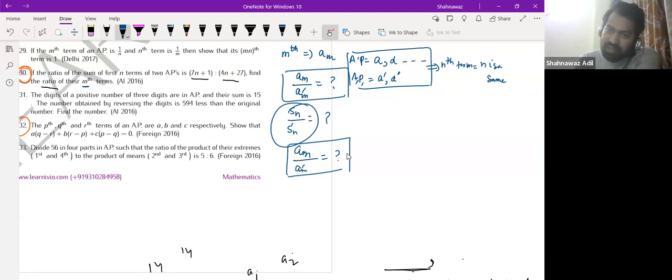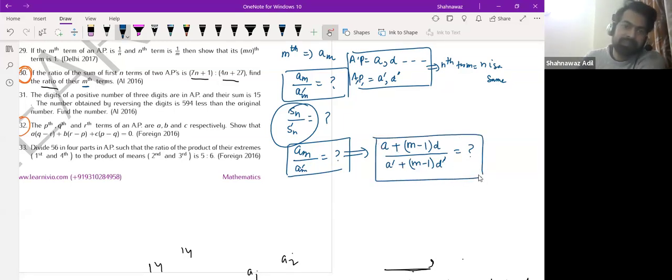So you need to find out a plus m minus 1 d divided by a prime plus m minus 1 d prime. This is the thing that you need to find, right? And you are given this.